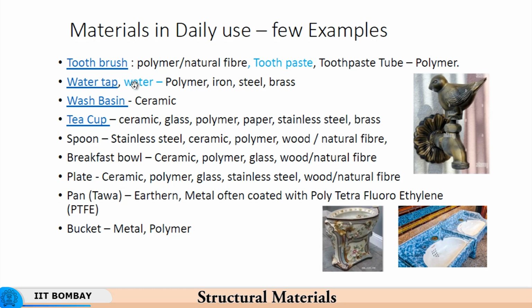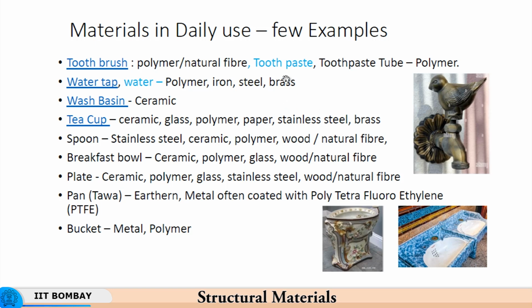You have water tap, which can be made out of several metallic and non-metallic materials. So, you have a polymer if the cost is to be maintained low, or you have iron, steel, brass. Here you see a tap which is highly ornate. So, it is made of metal and it is made of brass.